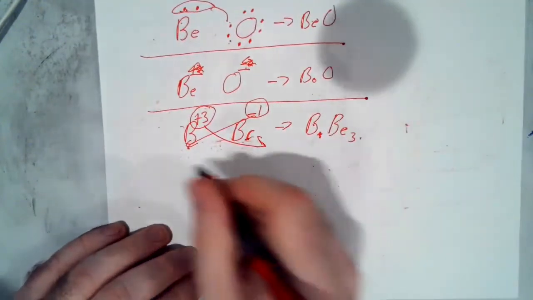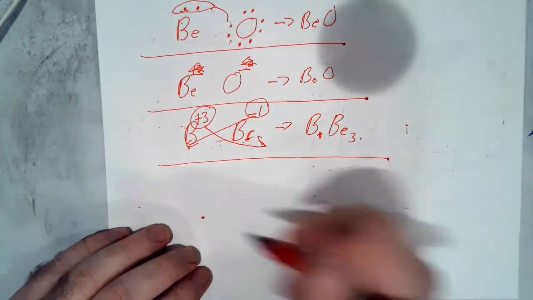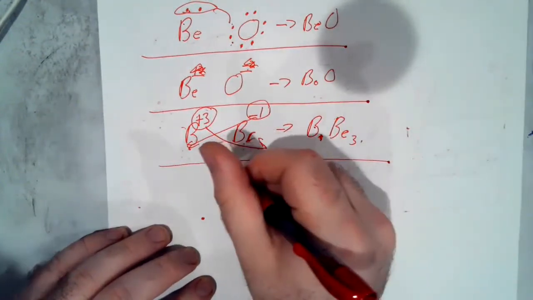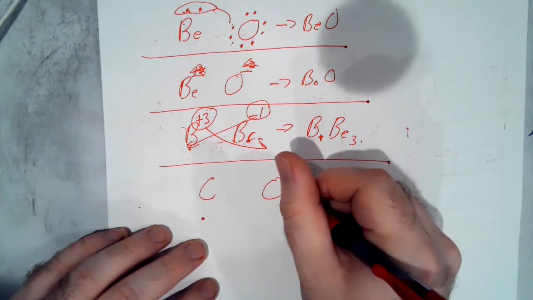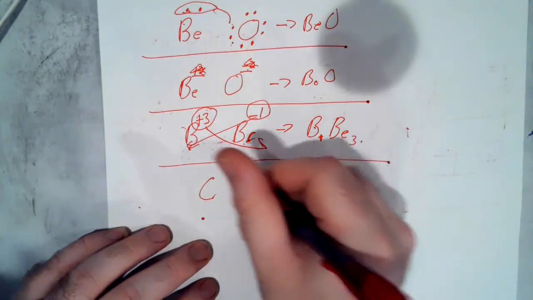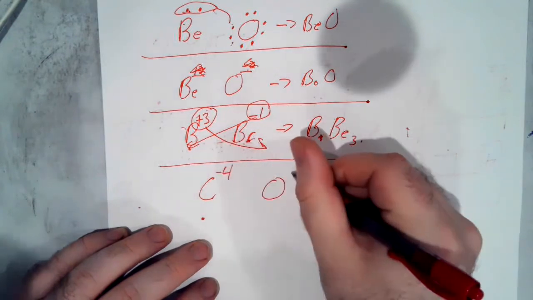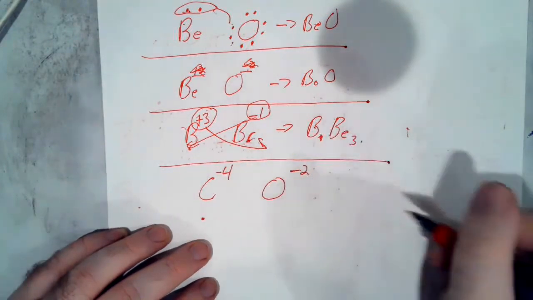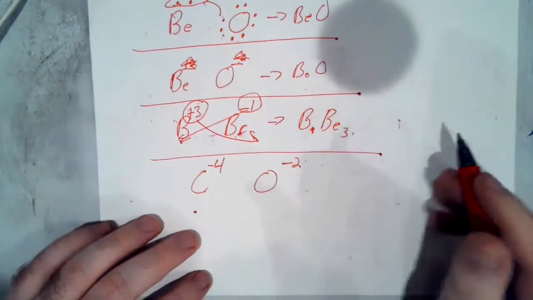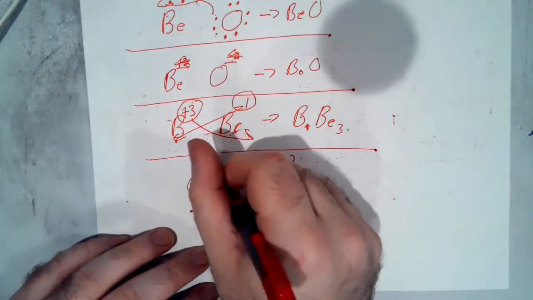And nor do I suggest you do. Let's do another one. Let's do one that's a little easier. Carbon and oxygen. So carbon's got a -4, oxygen has got a -2. So crisscross.